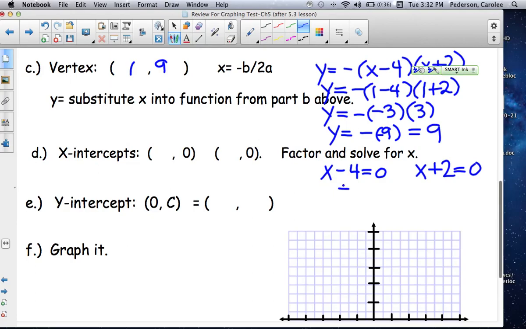So we're going to add 4 to both sides, and then we're going to subtract 2 from both sides. So our two x-intercepts as ordered pairs are going to be (4, 0) and (negative 2, 0). I'll give you some time to go ahead and finish up that part, and then we'll move on to the y-intercept.